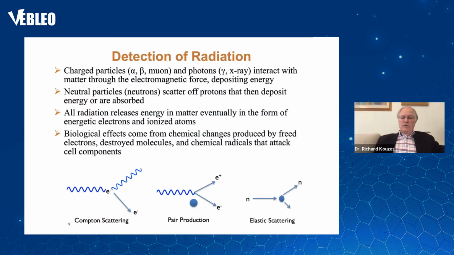I mentioned that there are these forms of decay that involve emission of high energy photons or electrons or neutrons. In general, all of these materials, and muons that come from cosmic rays, as well as X-rays, interact with matter by producing energetic electrons in those materials.